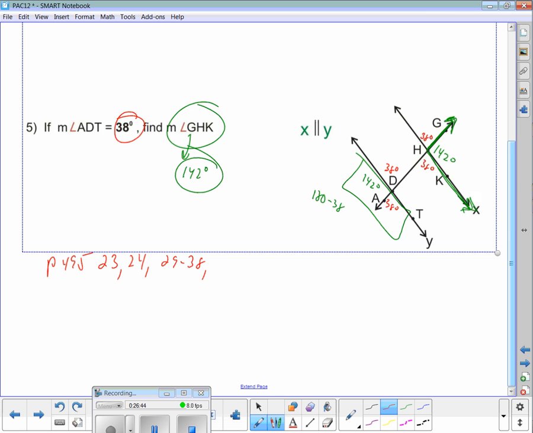Make sure you're writing originals. Sketch the drawings if you need to. 43 through 46 and 54. Quiz tomorrow. What's the quiz on? Anything we've learned so far, which is 12.1, 12.2.